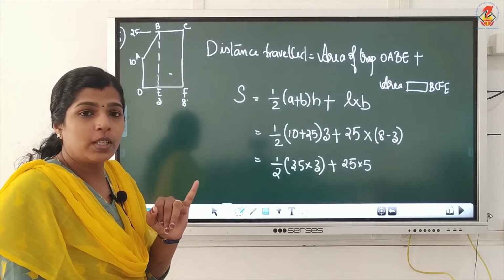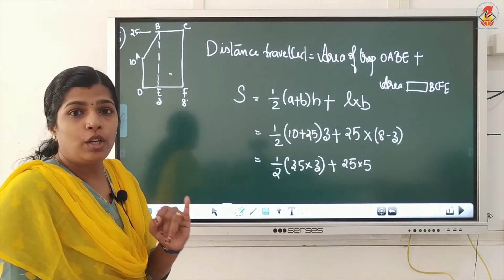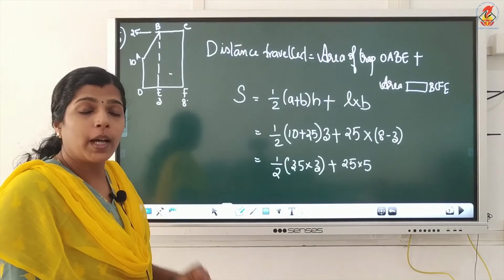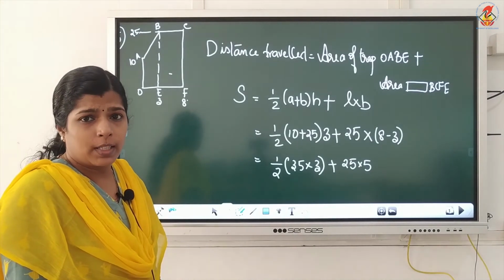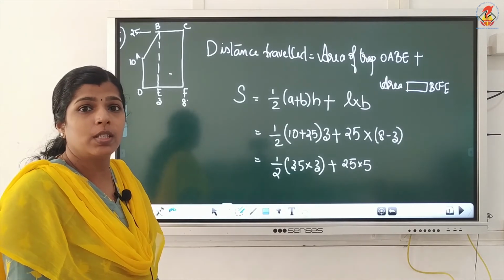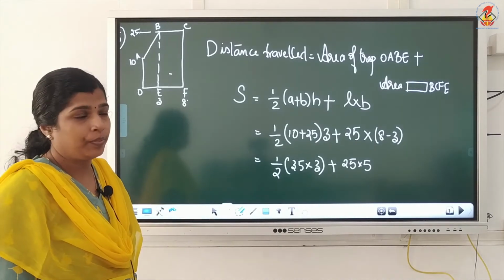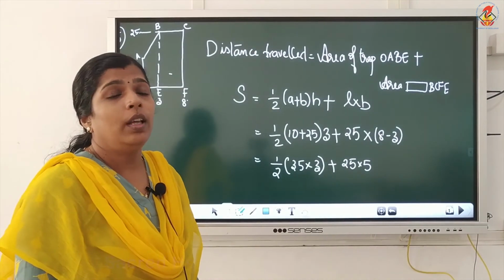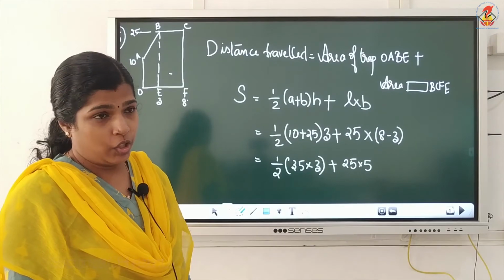If it is a straight line parallel to time axis, then that represents 0 acceleration. Then if it is a curved line, then it represents varying acceleration.